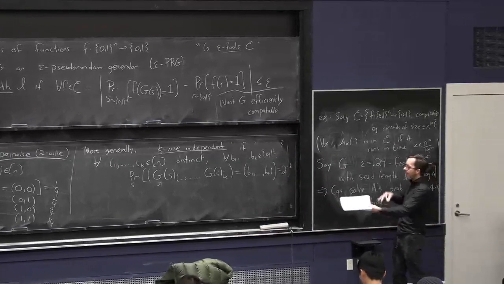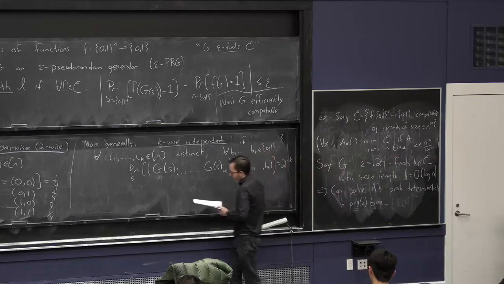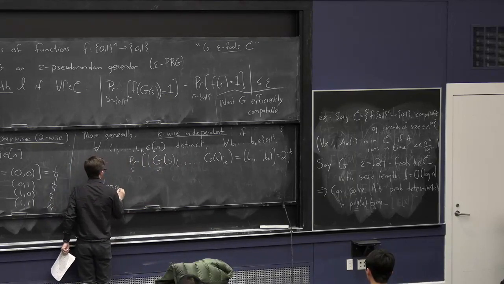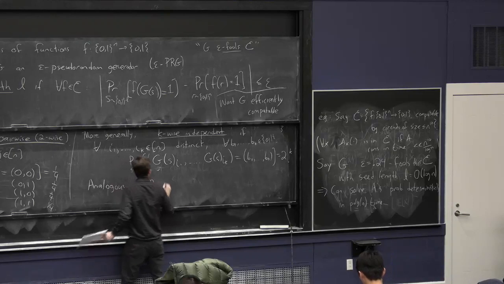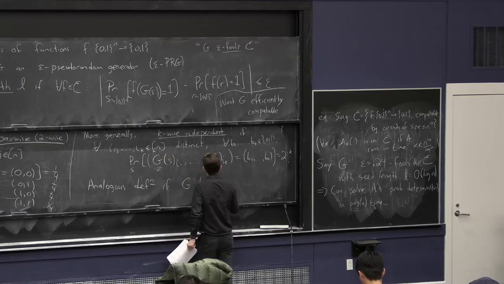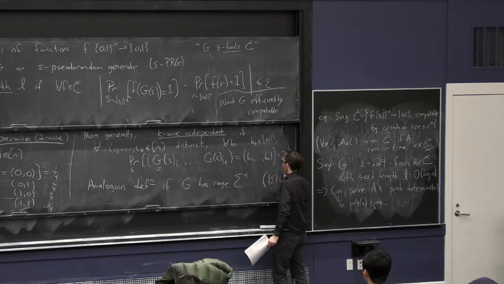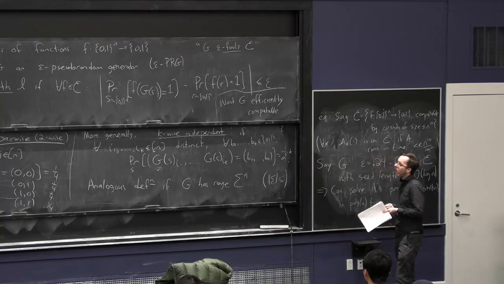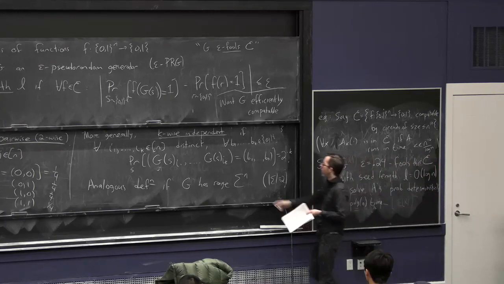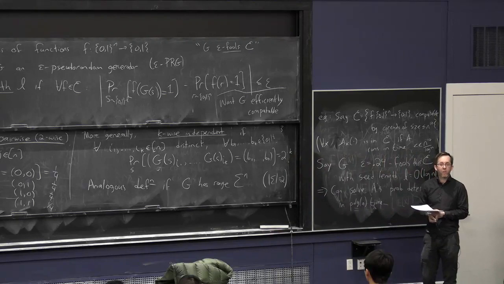So all k output positions should look like they're coming from the uniform distribution. Furthermore, I won't write the further definition, but there's an analogous definition if G is a generator with range sigma to the n, where sigma is bigger than 2. Sometimes you might be interested in pseudorandom generators that output n symbols that are not necessarily bits. In this case, you can make the analogous definition that any k symbols in the output look independent and uniform.